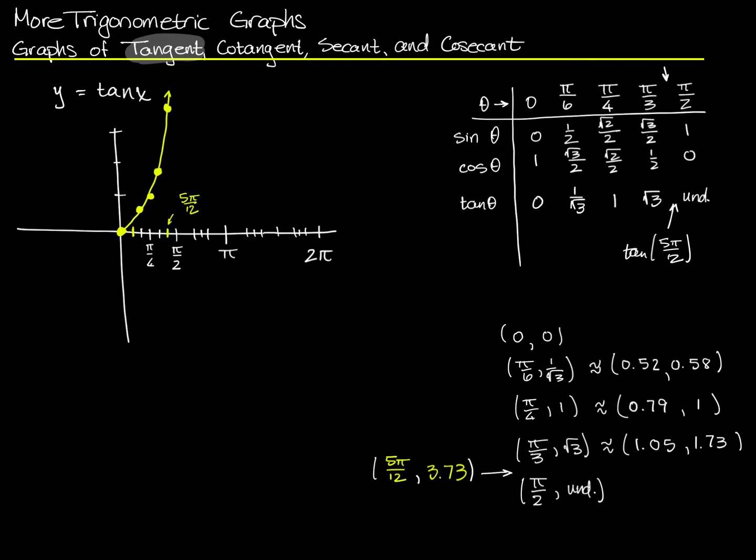And what that means in the real world is that we have an asymptote at pi over 2. So I've actually already overstepped my asymptote here. I should back that up a little bit. I have an asymptote at pi over 2. So my graph of tangent will continue up in an asymptotic fashion. It'll get closer and closer and closer to the line x equals pi over 2, but it'll never touch it.